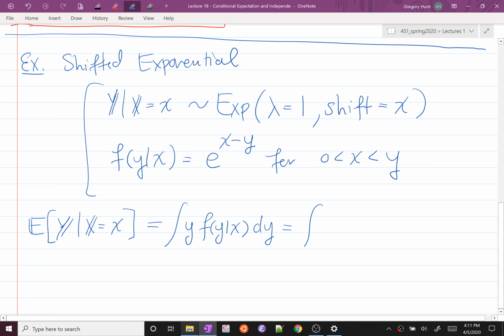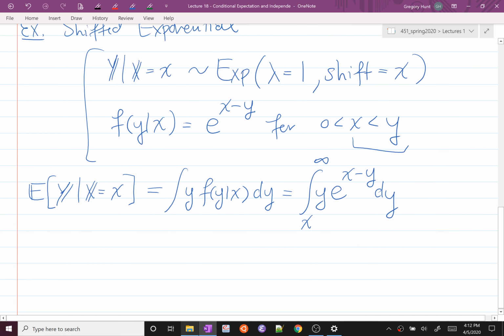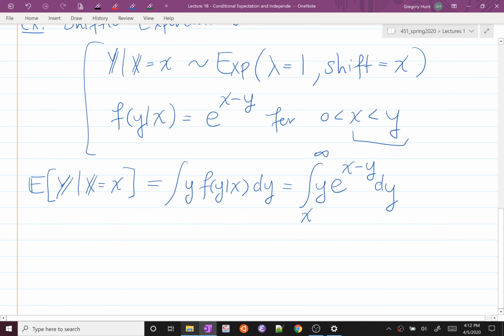And we can fill in the actual details. My limits, y goes from x to infinity, according to these limits here. It's y times f of y given x, which is e to the x minus y, and I integrate with respect to y. So this is an integral. I'm not going to solve this integral.